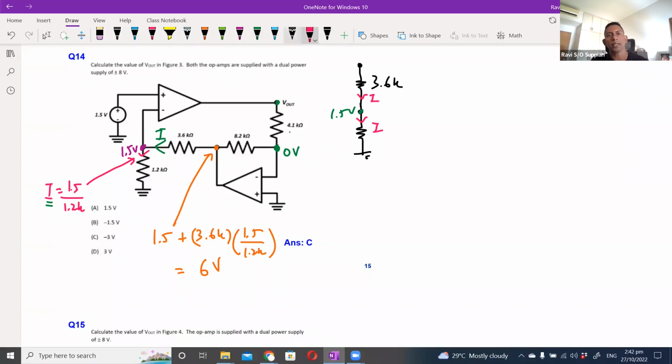Since V is IR, the voltage drop across here, V, is equals to this I multiplied by 3.6K. So if I were to take the total voltage at this point with respect to ground, it will be 1.5 volt added with this voltage drop across the 3.6K resistor, which will give me the voltage on top of the 3.6K ohm resistor. So that is how I get the 6 volts over here.